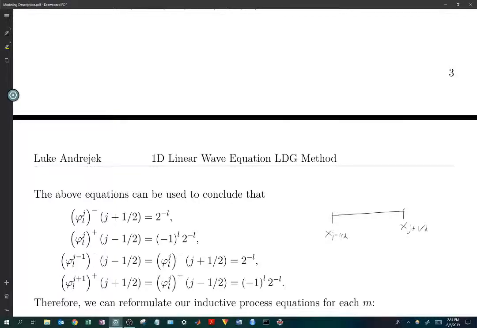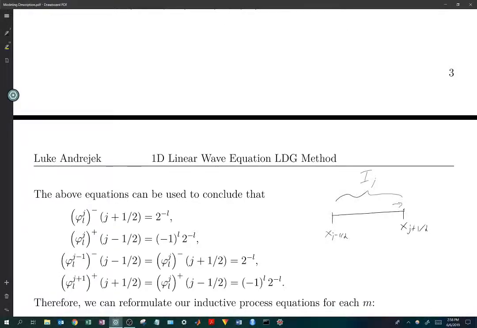Anyways, so this is Ij. Then phi Lj minus at xj plus 1/2: you're approaching the right endpoint from the left, and so you're going to evaluate that within Ij.